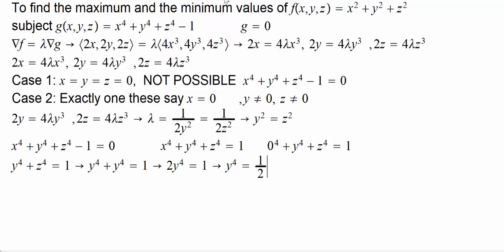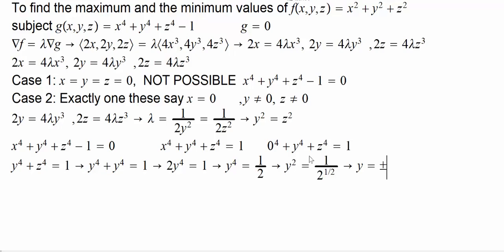Okay, so y square is how much? Simply 1 over 2 to the 1/2, right? And by 2 to the 1/2, let's assume that we mean the principal square root, and that is going to mean that y is plus or minus 2 to the 1/4, right?